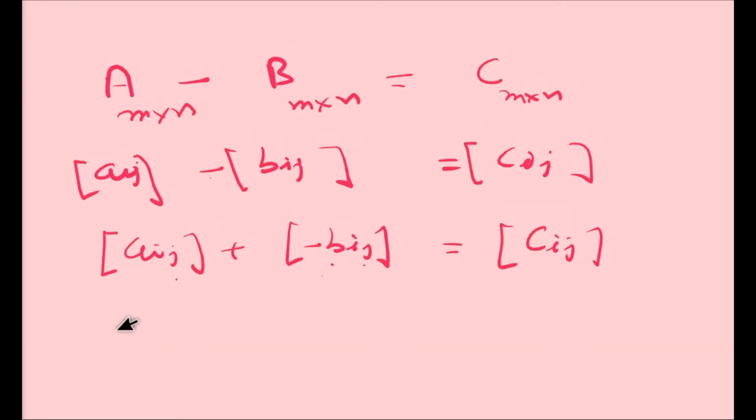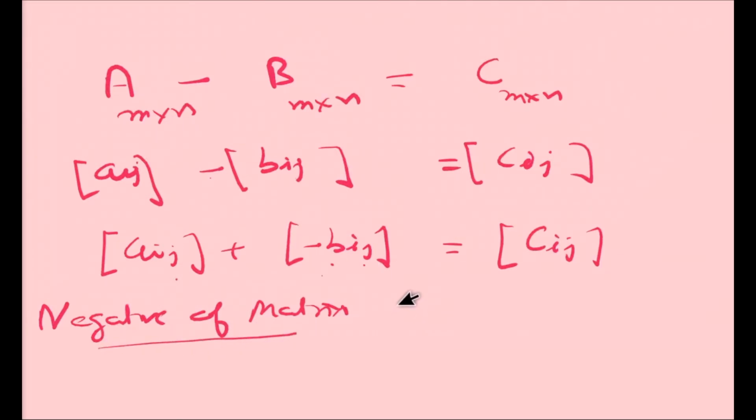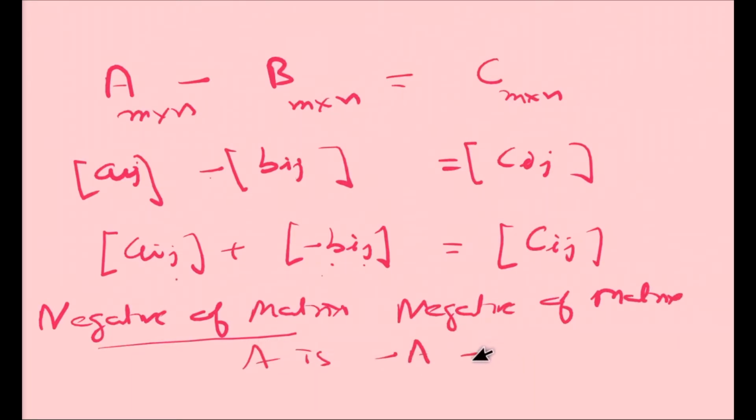Now we can say here the negative of matrix A. The negative of matrix A is minus A, or we can say multiplied by minus 1 in A. So what is the result?